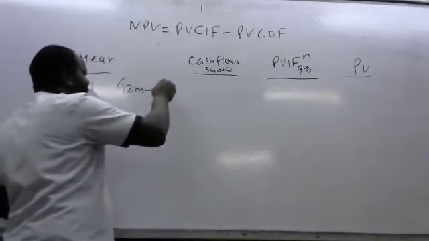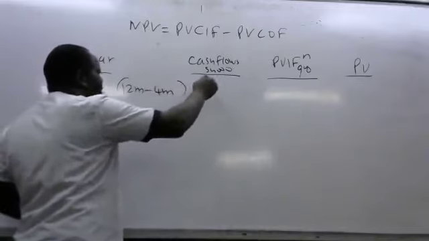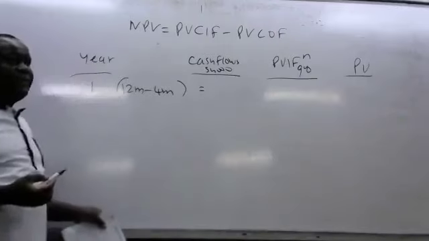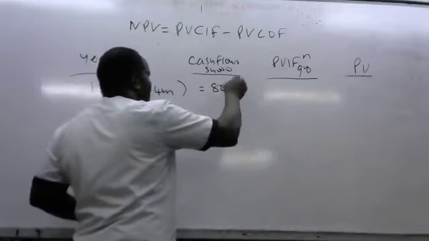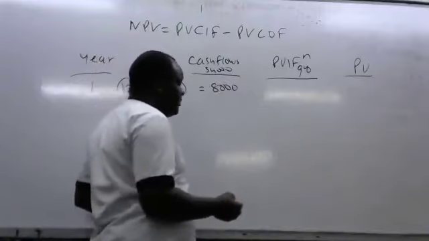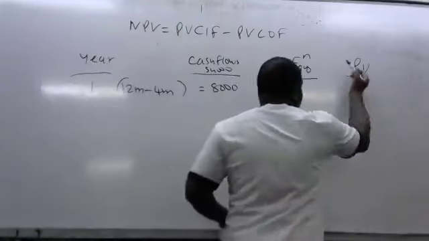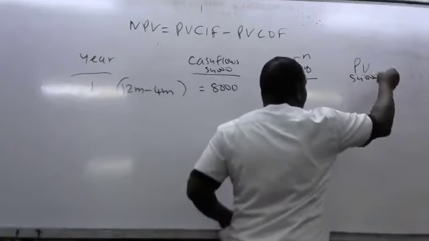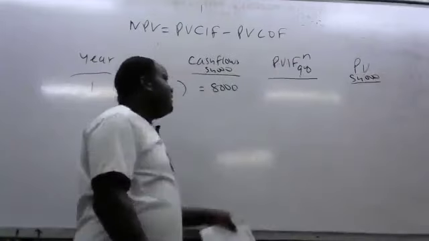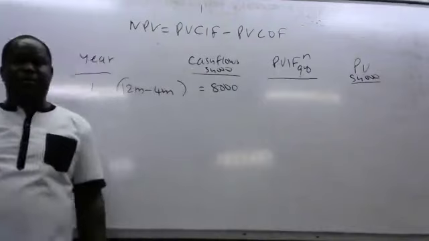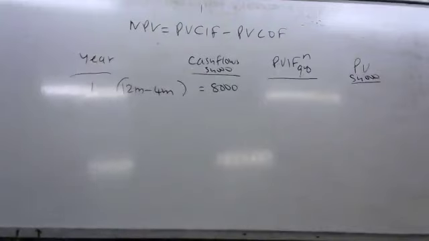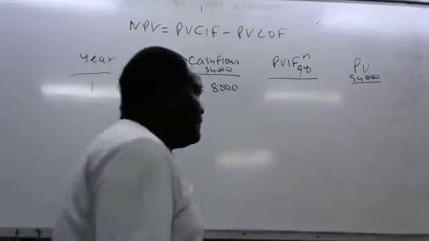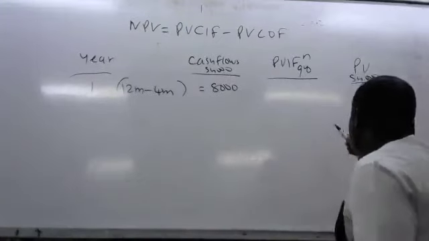So the difference will give us the cash flows, which is 8 millions. Then you check in the table what the factor is at 9% in year one. It is 0.9.